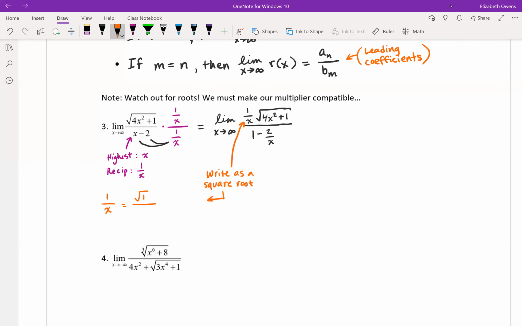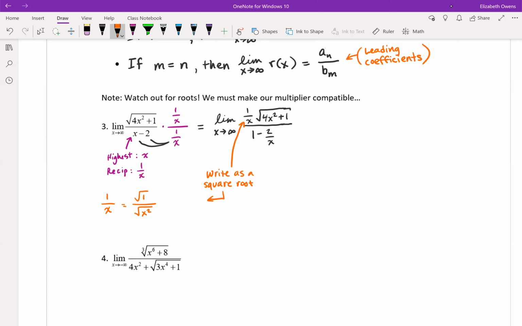And then we have to think, what is the x the square root of? Using another property of radicals, we could say that x is the square root of x squared. And don't worry about the plus or minus too much on this. The goal is just to get 1 over x underneath a square root.